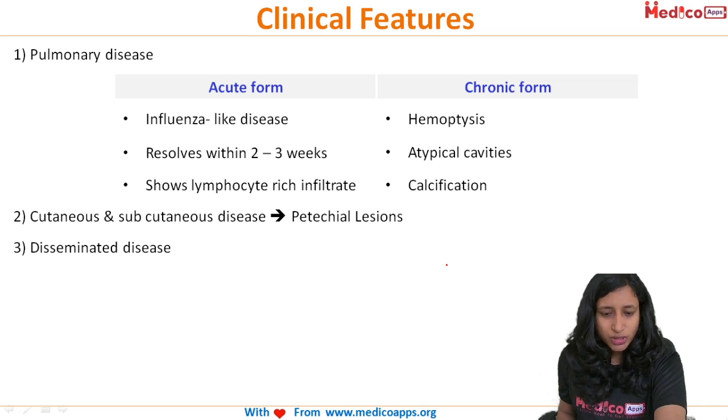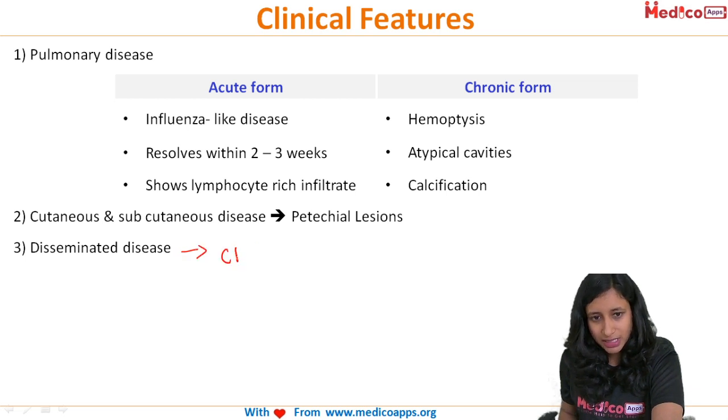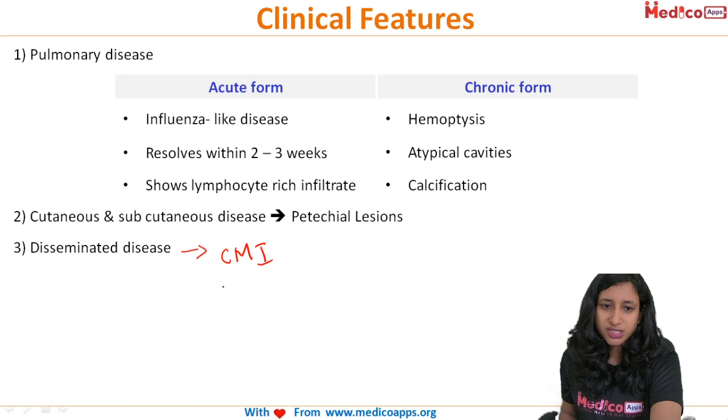Now the third is your disseminated disease, and like I told you, this is usually seen when there is a compromise in your cell-mediated immunity, that is in untreated HIV patients or patients who have undergone transplantation.